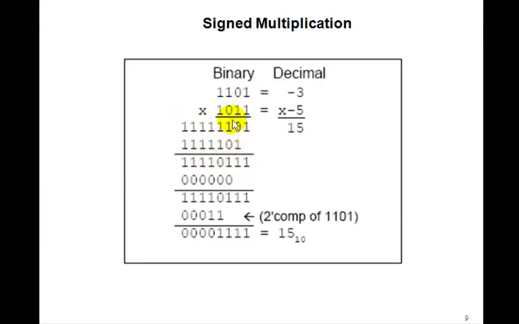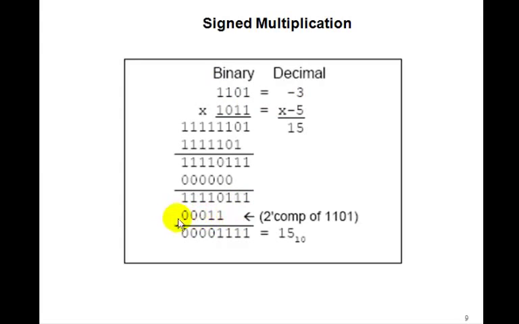You add these, you get a 0. And then this last multiplier here, instead of multiplying by 1, adding 1, 1, 0, 1, that is the shifted value, you need to take the 2's complement of the 1, 1, 0, 1, that is the minus 3, so it turns out to plus 3.